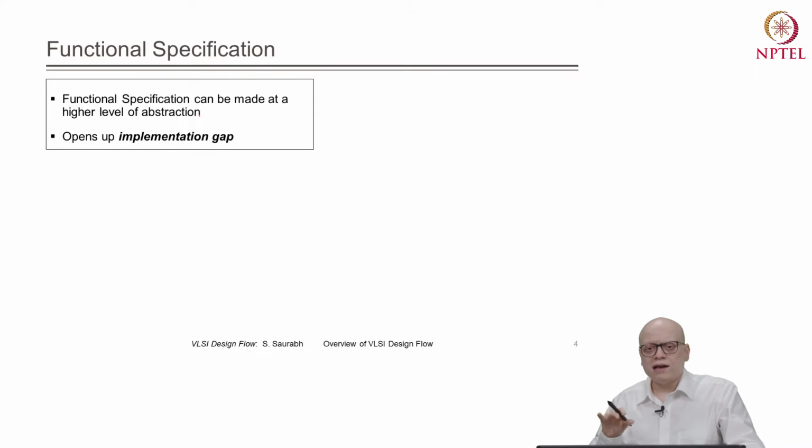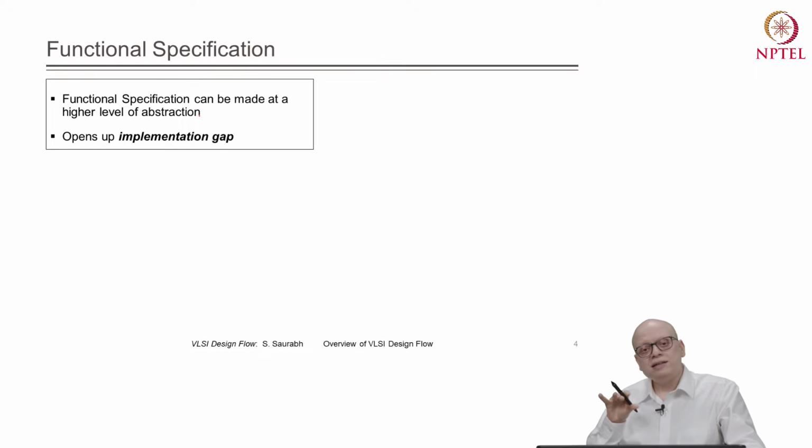Why will we want to make a specification in a high level language? Because there we have lots of flexibility and can do a lot of experimentation and analyze various trade-offs of the algorithms on the system behavior and other things. And therefore, we want to do an initial analysis or make a functional specification in a high level language where we have lots of flexibility.